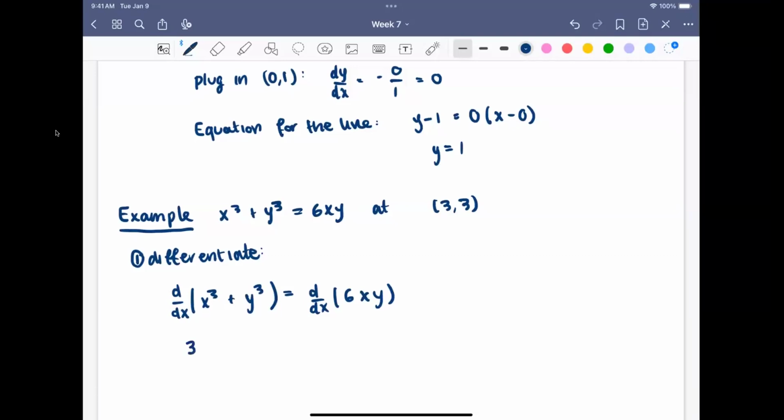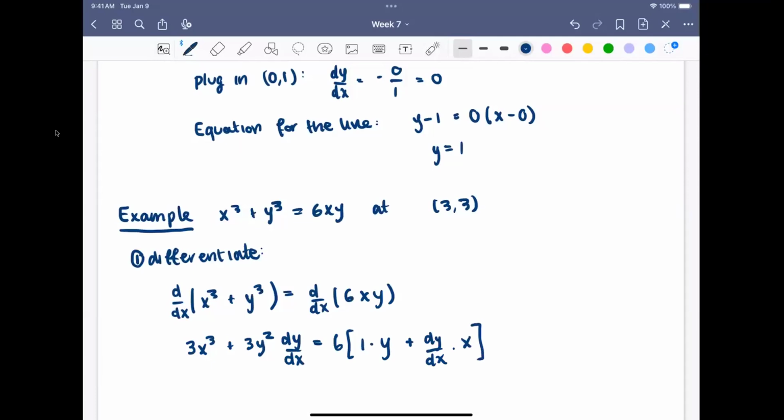We do power rule to get 3x squared, plus 3y squared, also power rule, but then we also need to chain rule it with dy/dx. Good. On the right-hand side, I'll pull out the 6 by the constant rule, and then product rule x times y. The derivative of x is 1 times y, plus the derivative of y, which is dy/dx, times x.